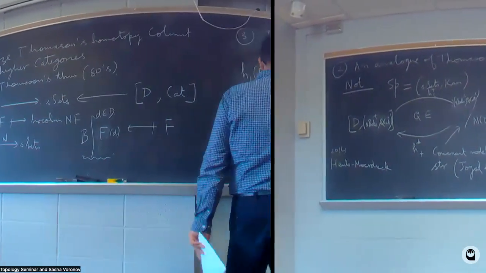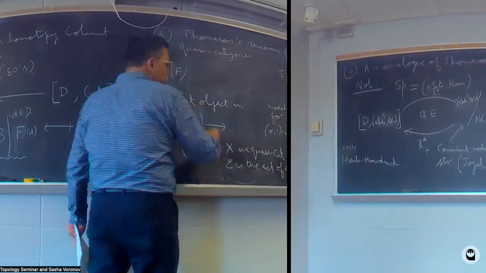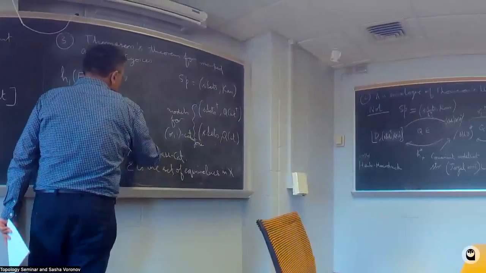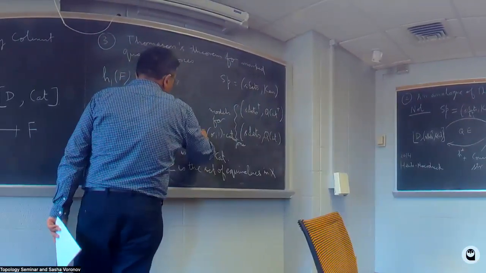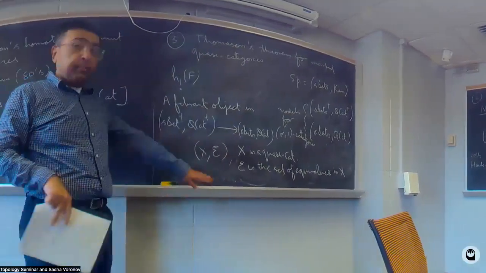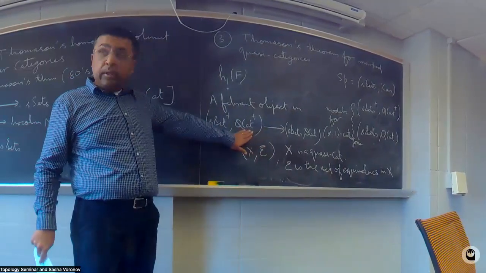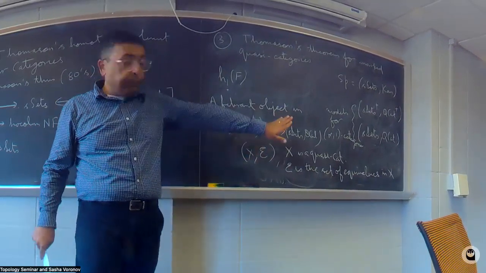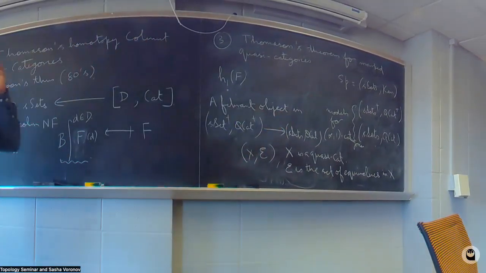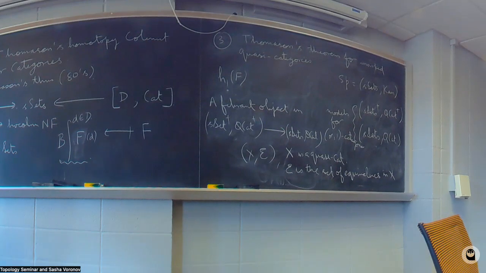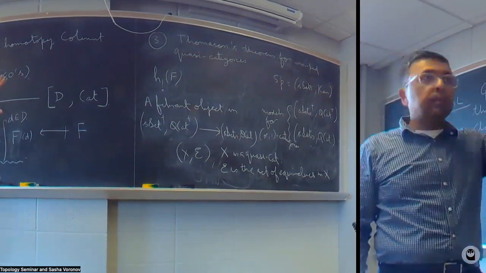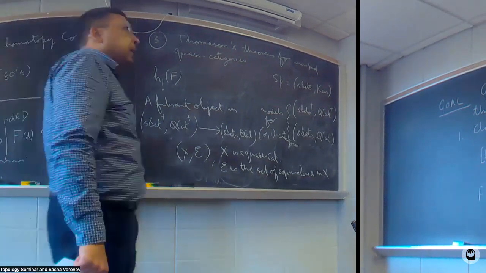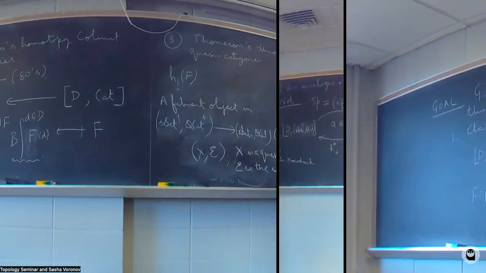Now, there's an obvious forgetful functor from this model category to simplicial sets, theta, which forgets the marking. This is the right Quillen functor of a Quillen equivalence between these two. I think now it's clear what these are.